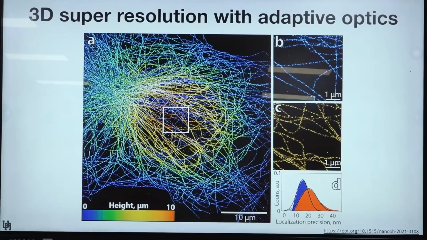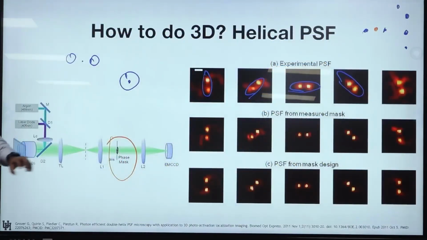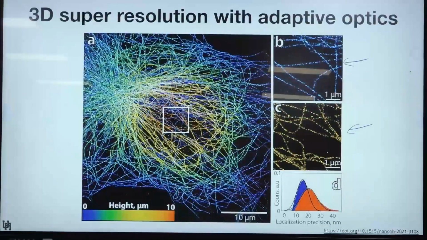The point spread function, you create a mask, and it's called point spread function engineering. Instead of the point spread function being a circle, you make it a helix, and different positions along the helix have different properties. Any questions?